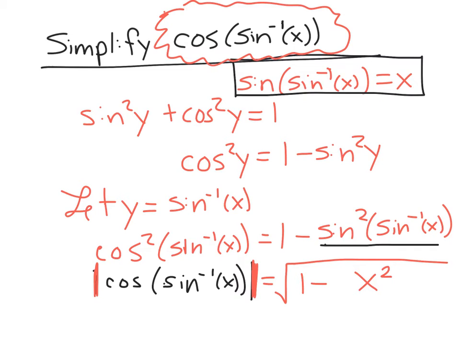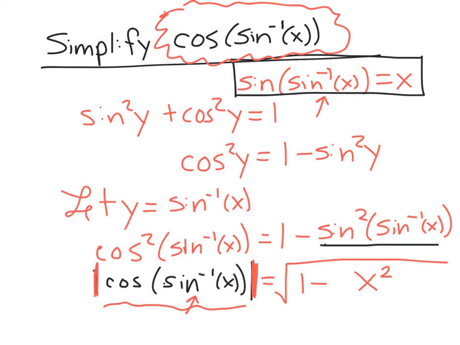And when we put values into cosine that are between negative pi over 2 and positive pi over 2, notice that cosine is going to be positive in that full interval. So everywhere that we are thinking about inverse sine being operational, it's going to make the cosine expression down here positive. So these absolute value signs are currently not doing anything.